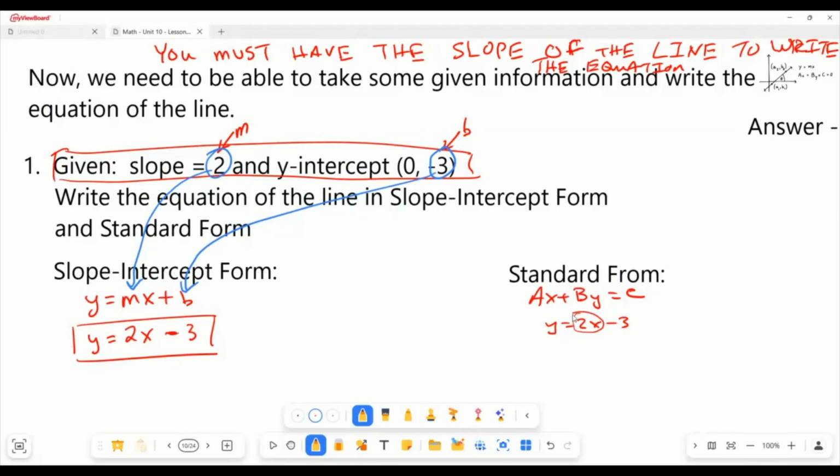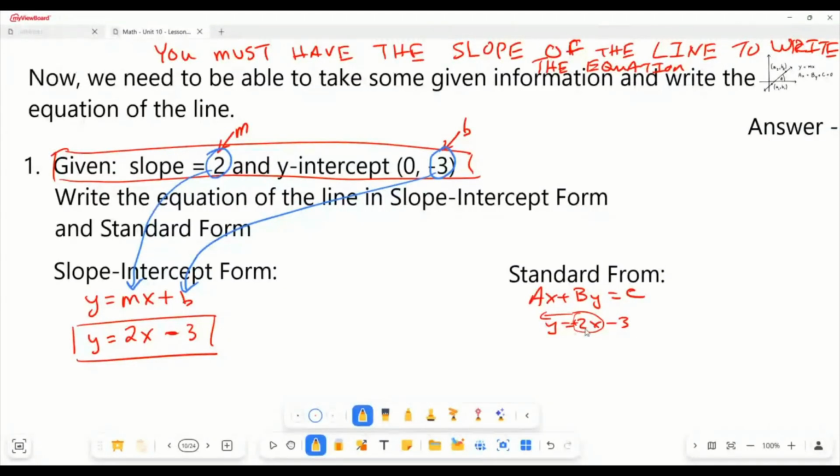This has to be over there. It is positive 2x. That means the 2x is being added to -3. The sign in the front tells you what's happening with that number.